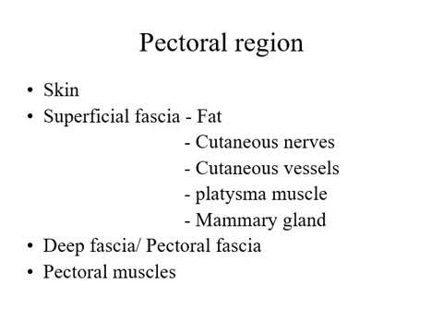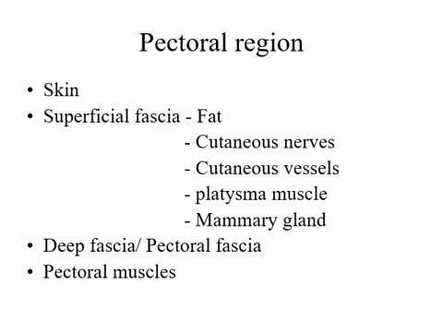The superficial fascia contains fat, cutaneous nerves, cutaneous vessels, platysma muscle, and one gland, that is the mammary gland. So the mammary gland is a content of the superficial fascia of the pectoral region.